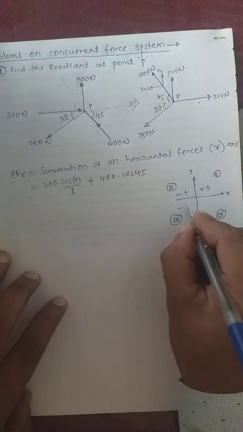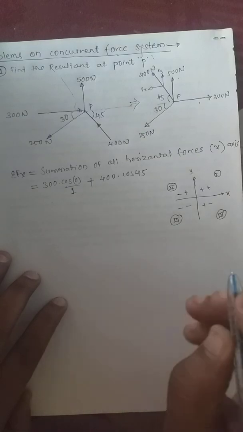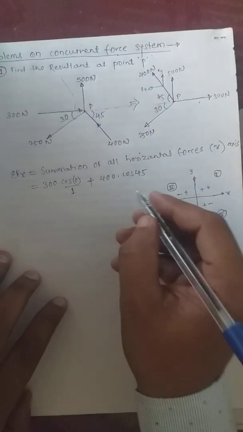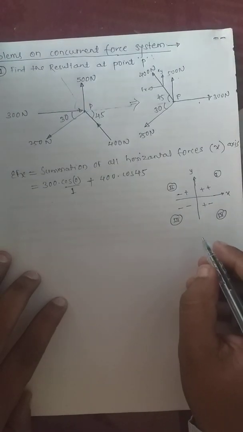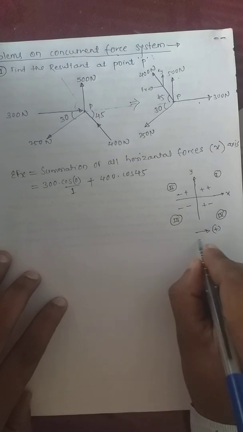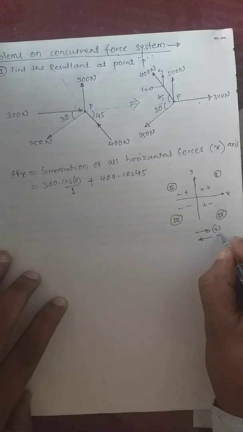Here both are negative, and here x will be positive, y will be negative. This means for all the forces, while considering the summation of F of x, the forces towards the right will be considered positive and the forces towards the left side will be considered negative.